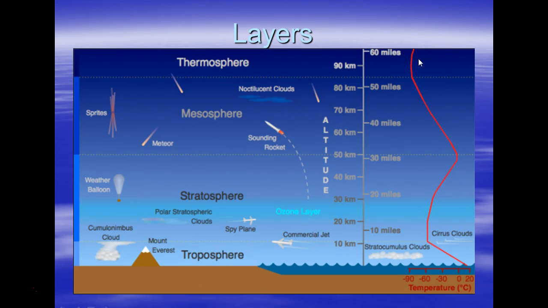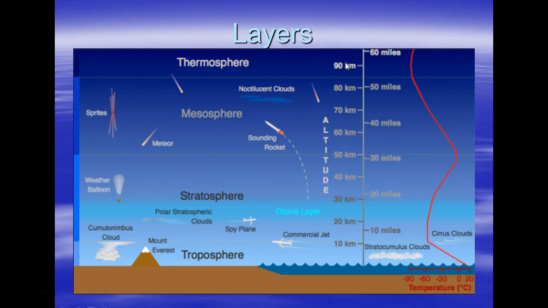Well, here it's a little bit different. So remember, temperature has to do with how the particles are colliding with one another. That's how we're going to transfer thermal energy, is through the collision of particles. But in the thermosphere, the particles are really far apart, so they're rarely colliding, I should say. And therefore, very little transfer of thermal energy happening in the thermosphere.